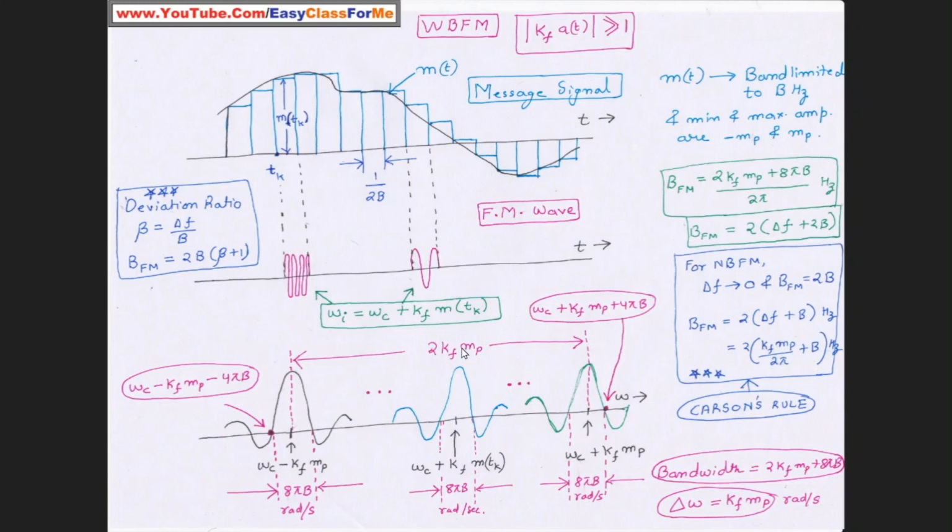So now imagine a case when we shrink the width of these cells to zero. We will get the exact frequency modulated wave here in time domain, and the corresponding frequency domain plot can be obtained. Now it is important to know that if the sinusoid would have been infinite in extent, the spectrum of this cell would have been a spike only. But since it is truncated to a few values, this is a sine function which is multiplied by a rect function, so the spectrum has become a sinc.